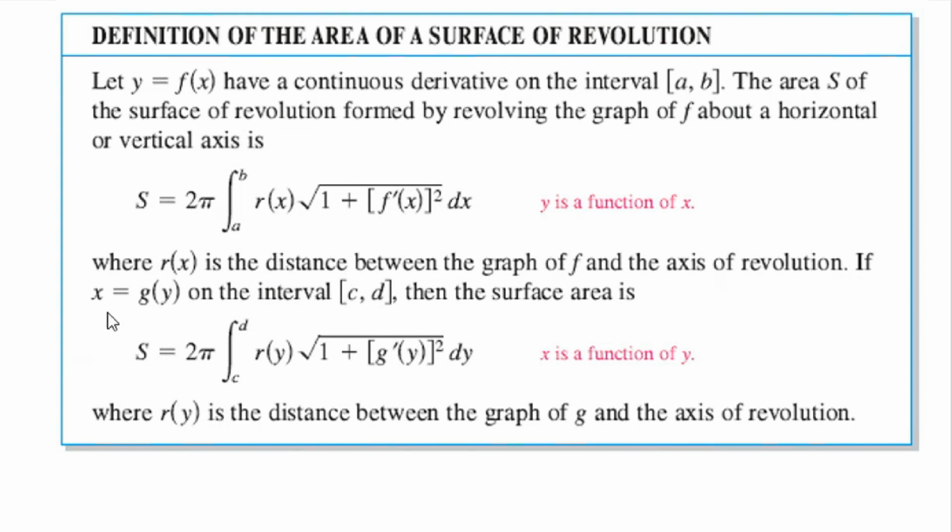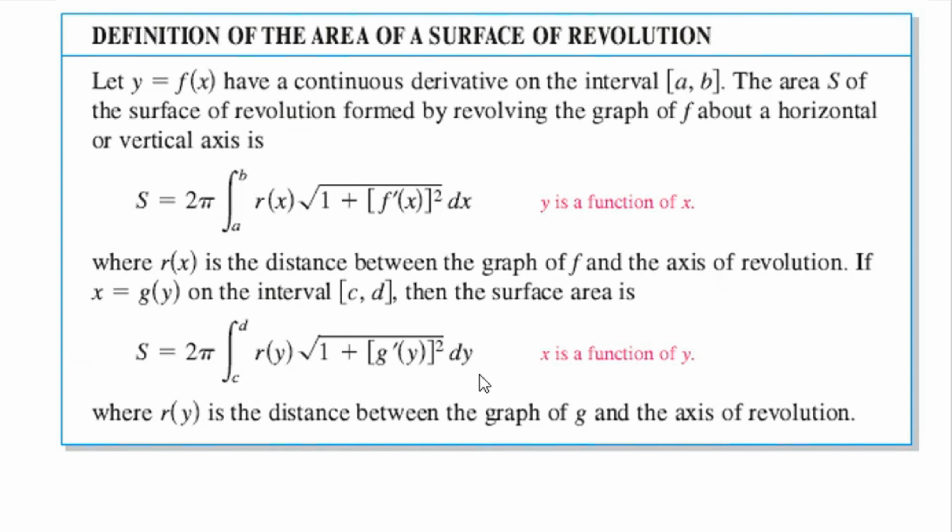If x equals g of y on the interval c, d, then the surface area is S equal to 2 pi times the integral of r of y times the square root of 1 plus the square of the derivative of g of y dy from c to d.